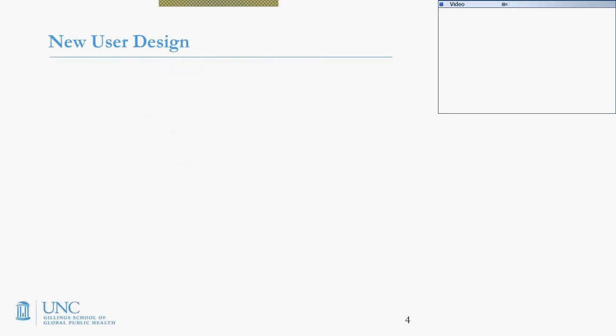About new user design, I think most of us are not new users to this design, so I'm not going to go into details. I think this design has been the default study design for pharmacoepidemiology research and other observational research.